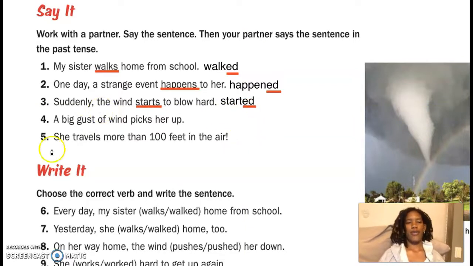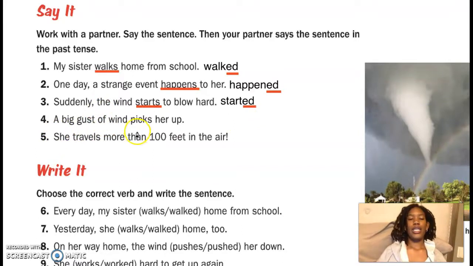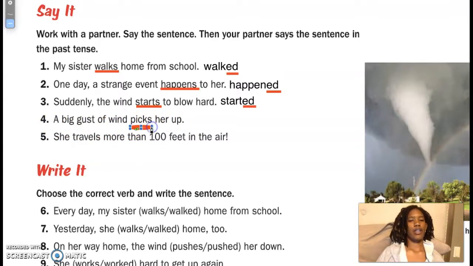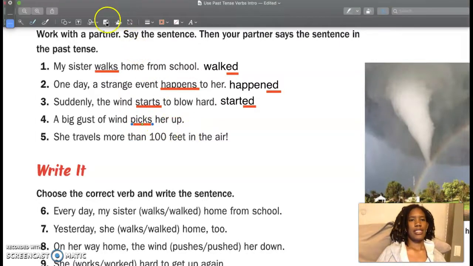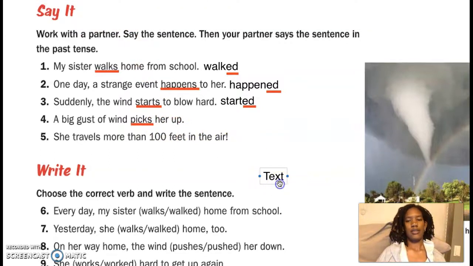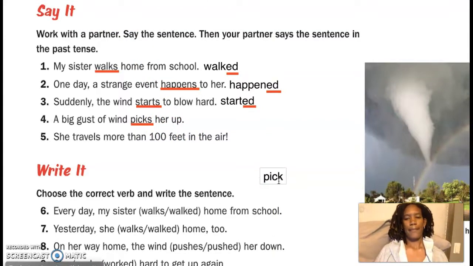All right. Number 4, a big gust of wind picks her up. What is my verb here? If you said picks, you are correct. There we go. And change it into past tense. Super easy. Pick plus ed changes it to the past tense.